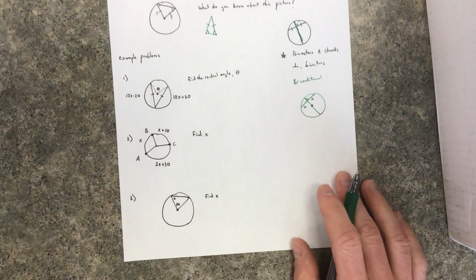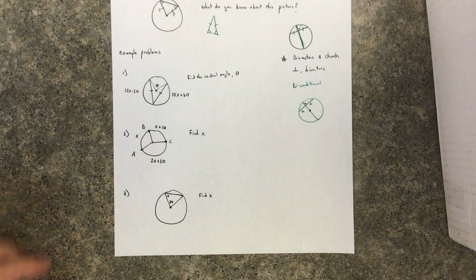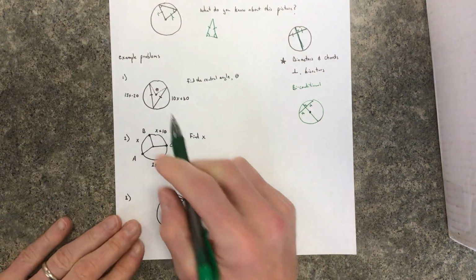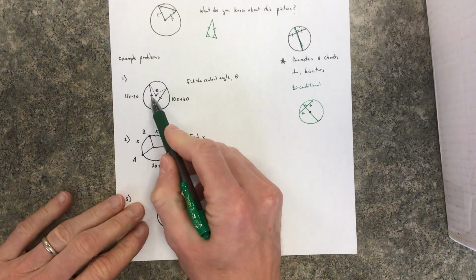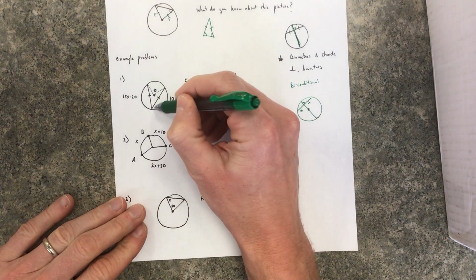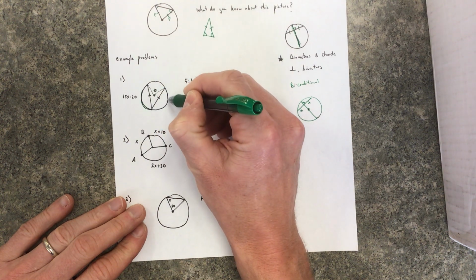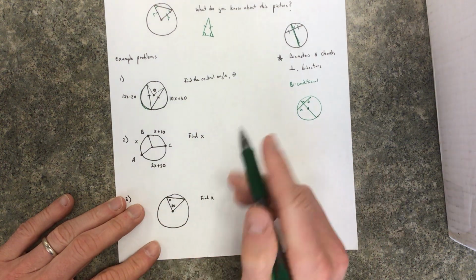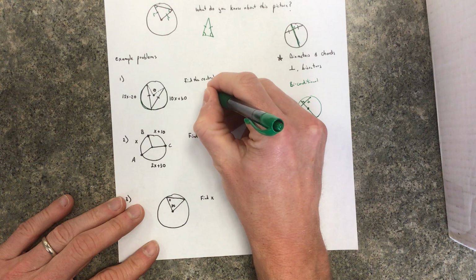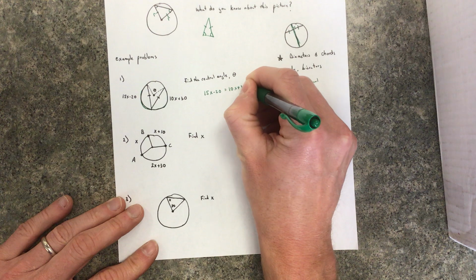Okay, here are 3 example problems that we can look at. All right, so let's look at this one. See how this chord and this chord are congruent? If they're congruent, doesn't that arc and that arc also have to be the same? Congruent chords have congruent arcs. But if the arcs are congruent, I can set them equal to each other and then solve.